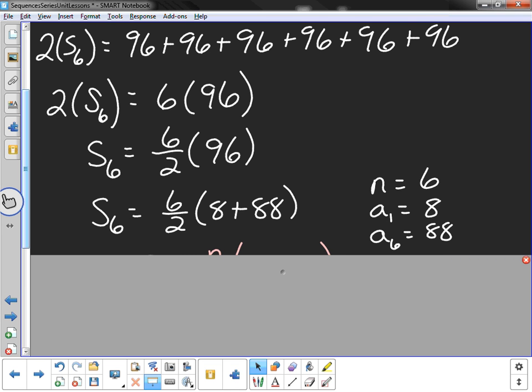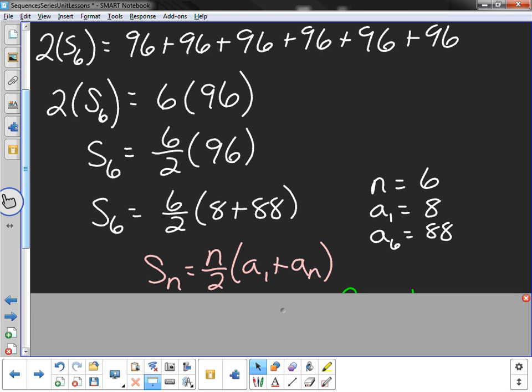So now, knowing that the n is 6, the a sub 1 was 8, the a sub 6 was 88, I'm going to replace the 6, the 8, and the 88 with their term values. So now I get S sub n equals n over 2 times a sub 1 plus a sub n. So if I know the first number and the last number in my series, and I know how many numbers are in my series, I can just use that formula.